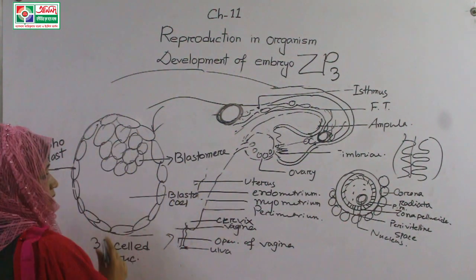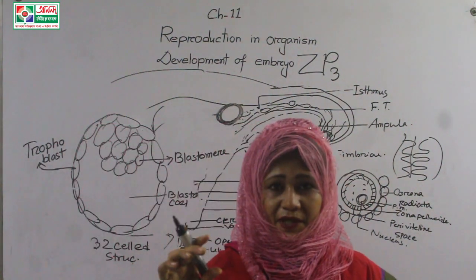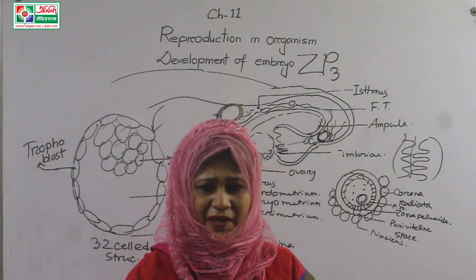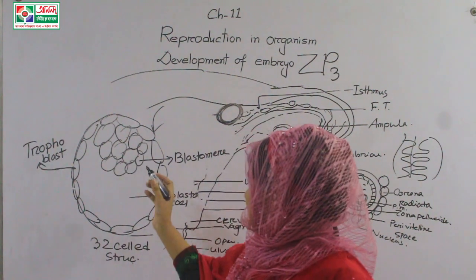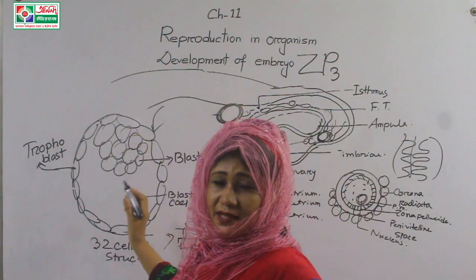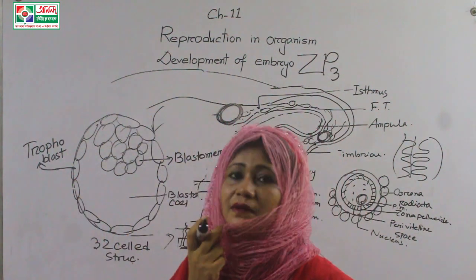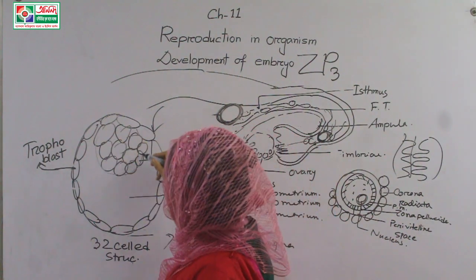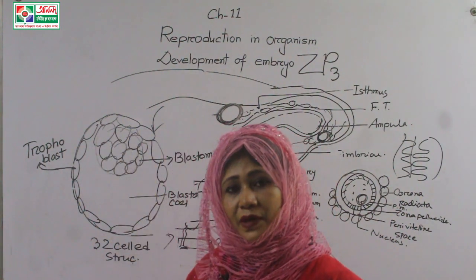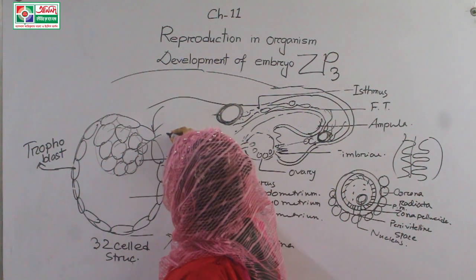And all the inner cells remain together, and they locate at one single pole, and these cells are known as the embryoblast.